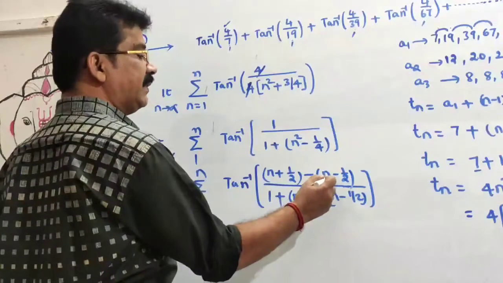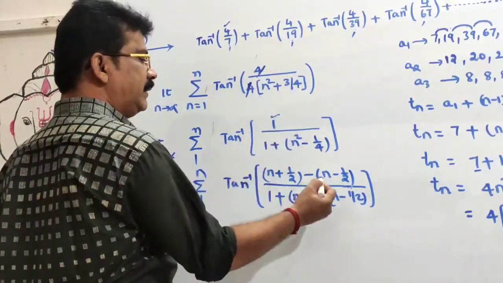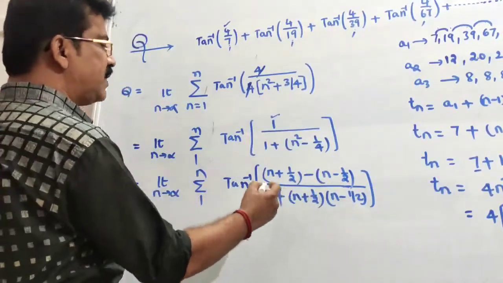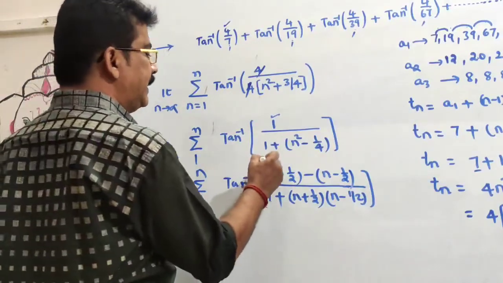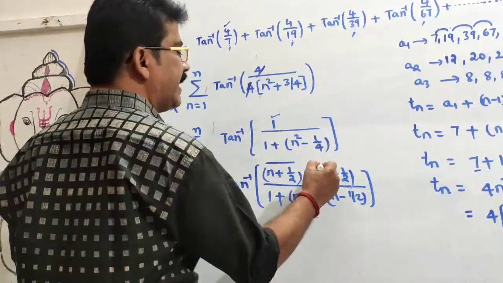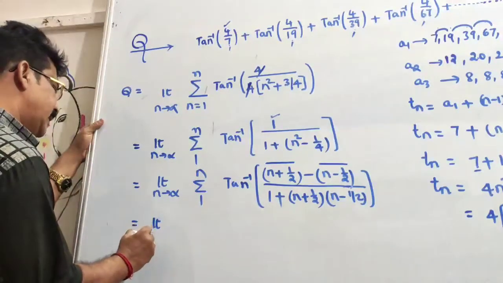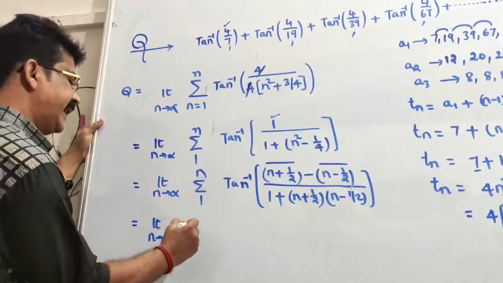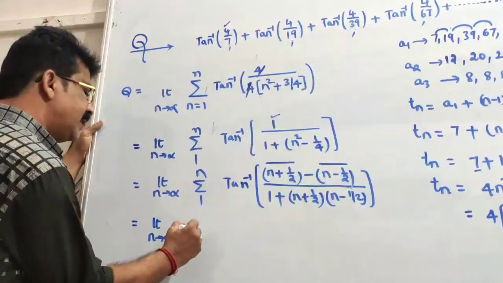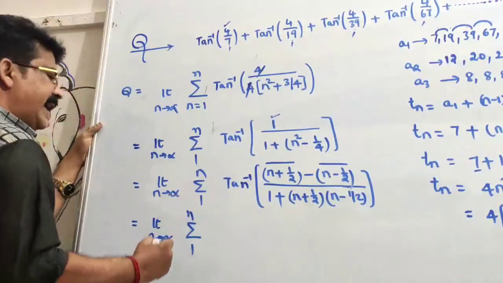Minus into minus plus 1 by 2 1 n in cancel. So there is no loss of generality. Now strictly it is in the form of tan inverse of x minus y. So that is equal to limit n tends to infinity, sigma 1 to n.